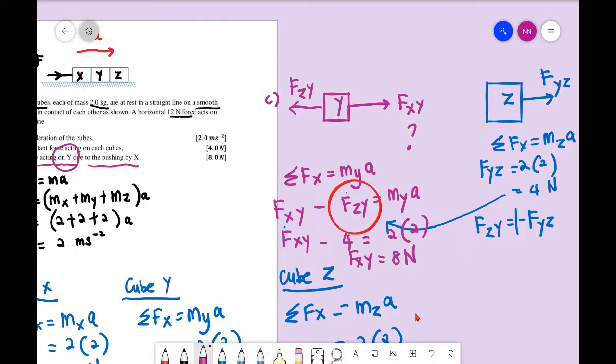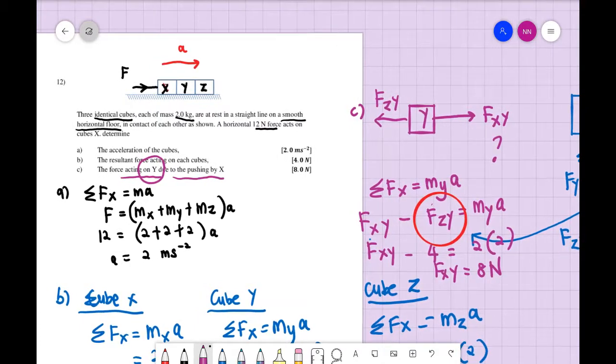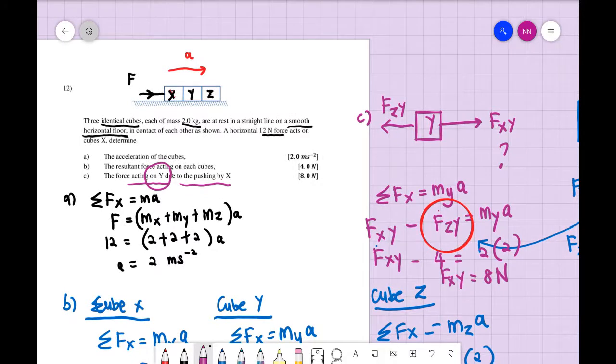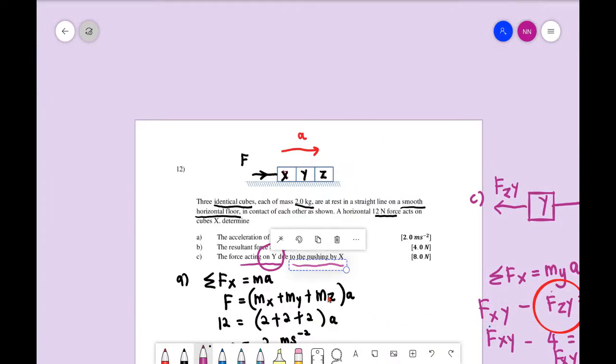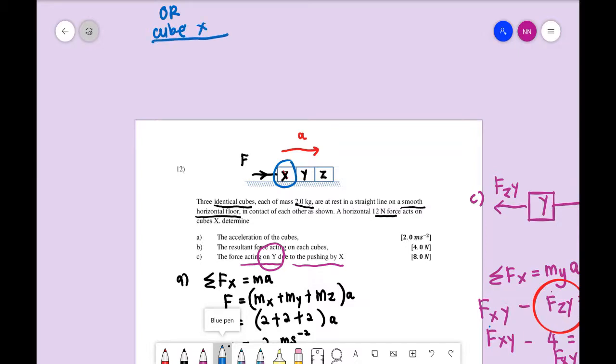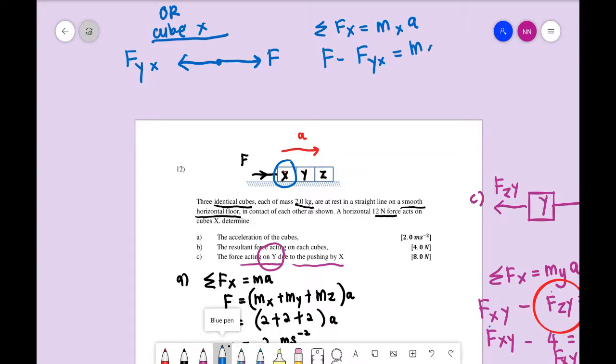And you can also determine the force on Y by X by considering cube X. Cube X has a push force to the right, and on its right is cube Y, so Y pushes X. This is the force on X due to Y. Then we can apply net force equals ma, so F minus F_yx equals m_x a.